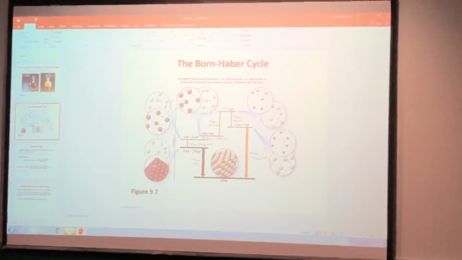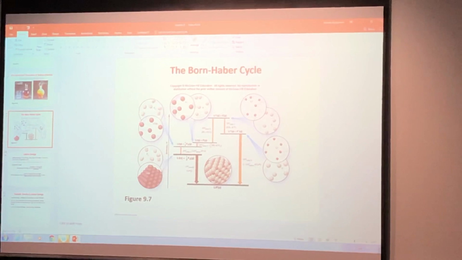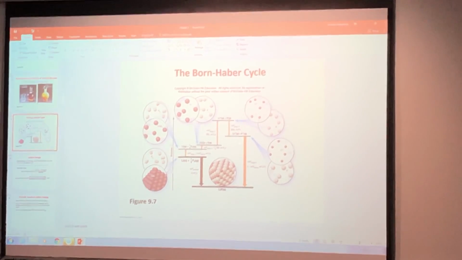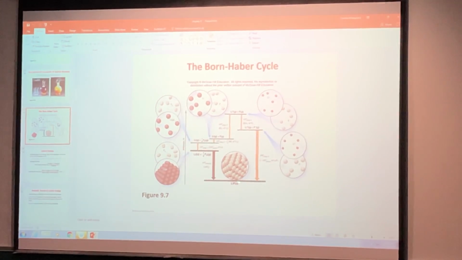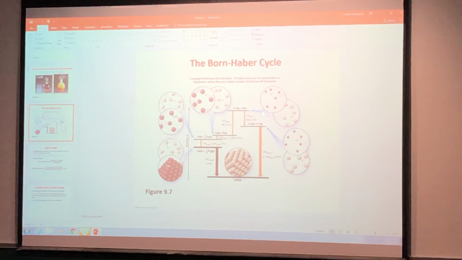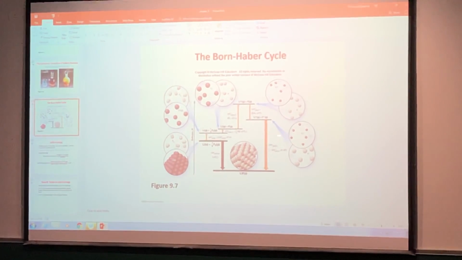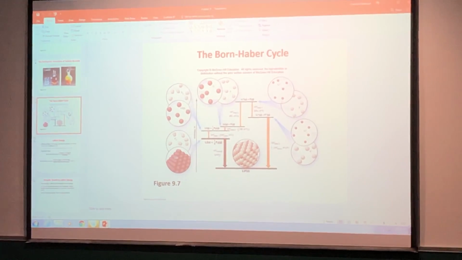So if you look at this, there's a lot of stuff going on here, but every one of these steps is something we've seen already. So here, this is for lithium fluoride. So from lithium ions combining with fluoride ions to give us lithium fluoride, this enthalpy change is the negative of the lattice energy. Why is that the negative of the lattice energy?